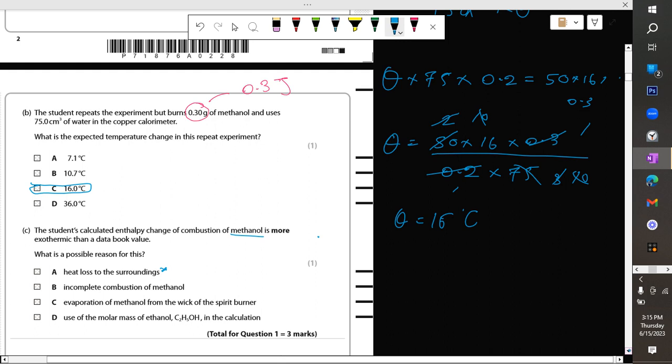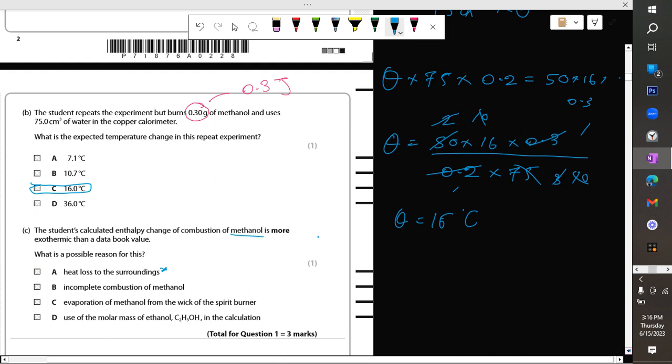Incomplete combustion of methanol. There is no reason for incomplete combustion to occur because methanol is very volatile, and usually in normal environmental conditions there is enough oxygen to burn methanol fully. Methanol evaporates from the wick of the spirit burner, but when there is a flame, those evaporated methanol particles burn.